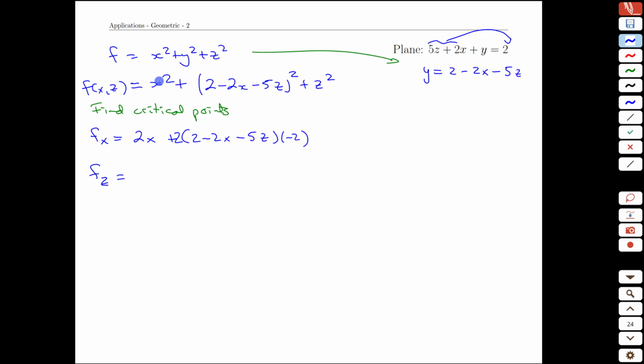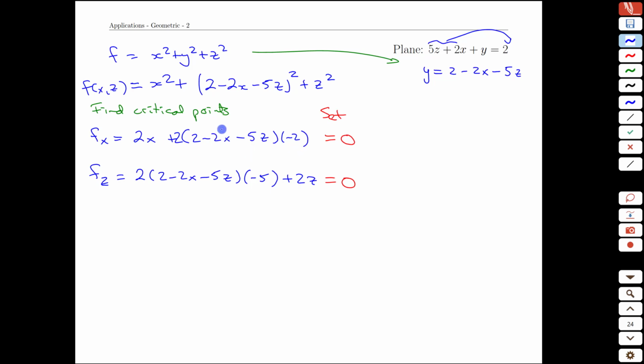The z derivative of x squared is 0. Same idea for this mixed term, we get that to the power 1 times the z derivative of the inside, which is negative 5, and then plus 2z. And because we're looking for critical points, we're going to set both of those equal to 0. We're looking for the points where the derivatives are 0. Now we're faced with the challenge of solving those two equations for x and z.